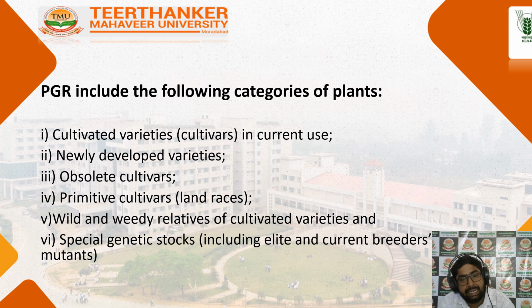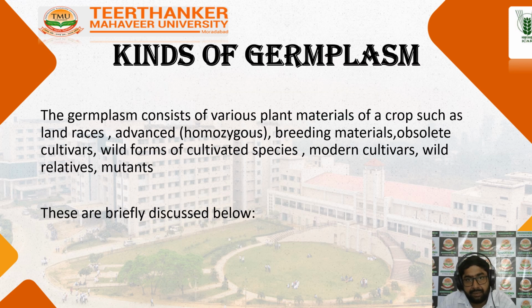Number five, wild and weedy relatives of the cultivated variety and special genetic stocks, including elite and current breeders' mutants. That is the category of plants in PGR.